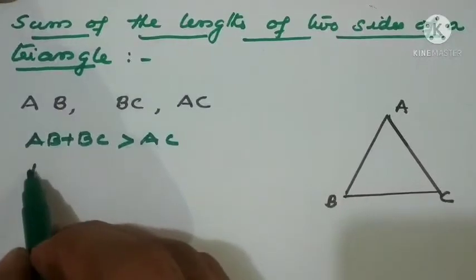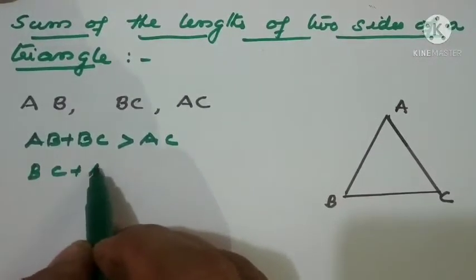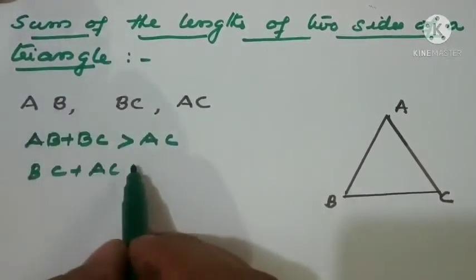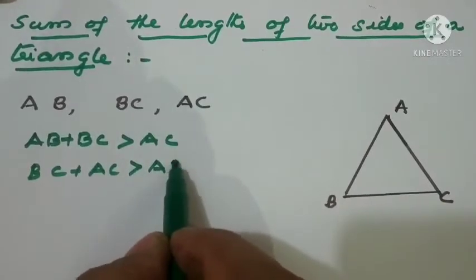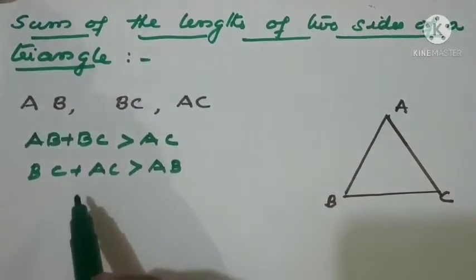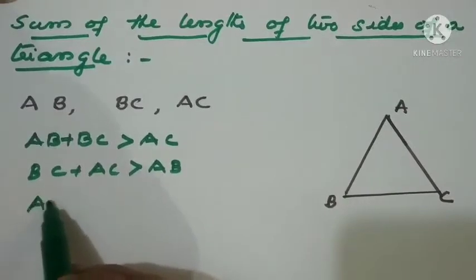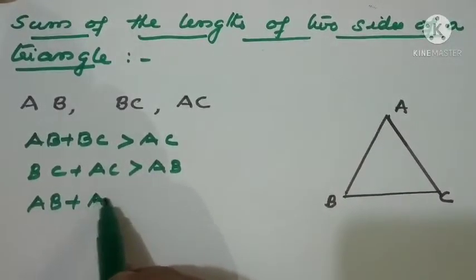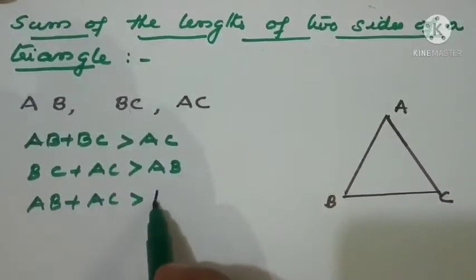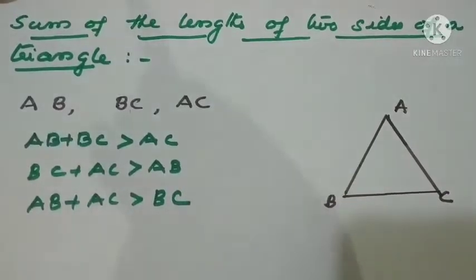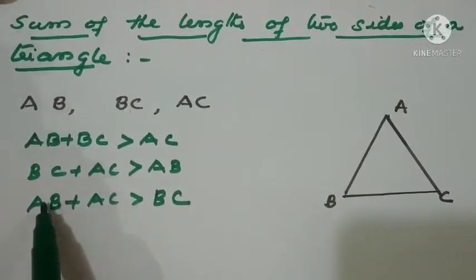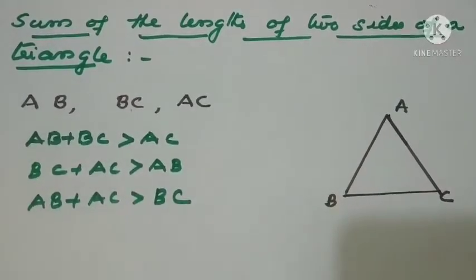Next, BC plus AC, the unused one is AB, the third side. Now which is left for us? AB plus AC should be greater than BC. As you know, the statement says the sum of the length of the two sides is greater than the third side.